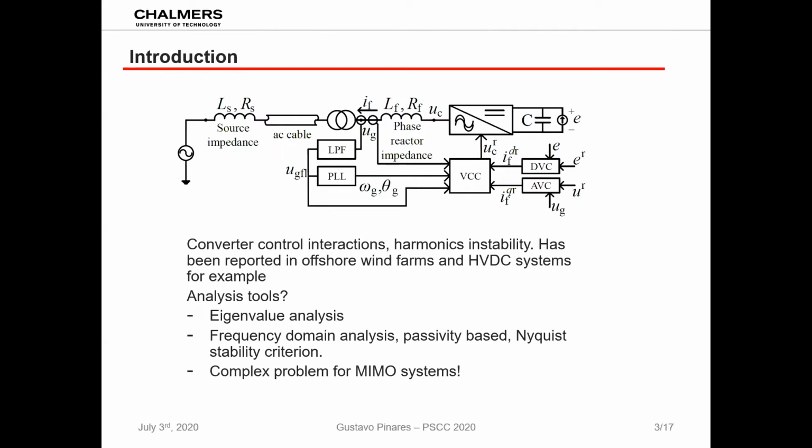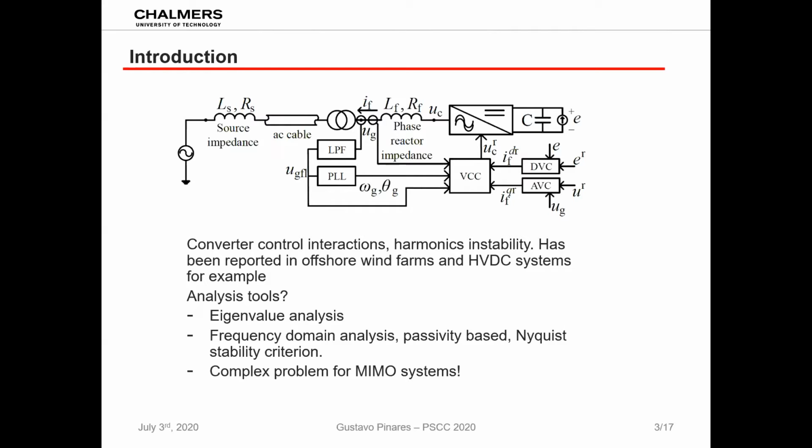But the issue with these tools is that when you have a single input, single output system, passivity-based analysis, for example, gives you a physical interpretation of the phenomenon that takes place.